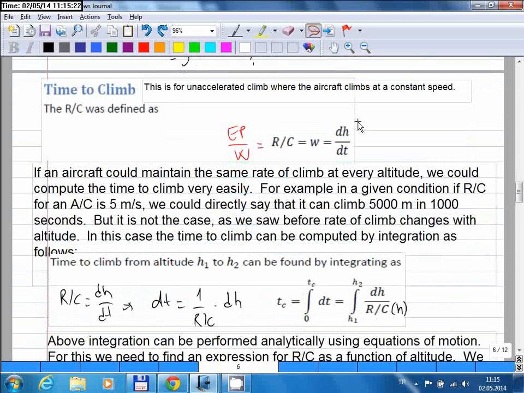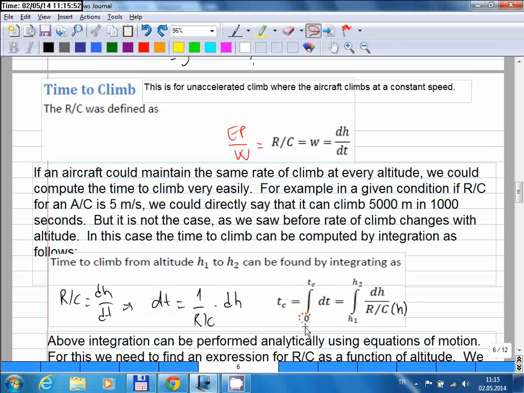So we can use this equation to calculate time to climb. If you look at this, this is actually a differential equation, right? dH by dt. This is an equation that shows how fast the altitude changes with time. So we can manipulate this equation. We can leave dt on one side and dH on the other side. If you take the integral of this equation, the integral of the left-hand side will give you the total time of the climb.